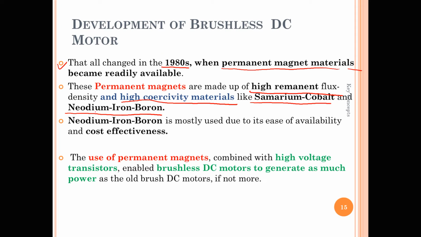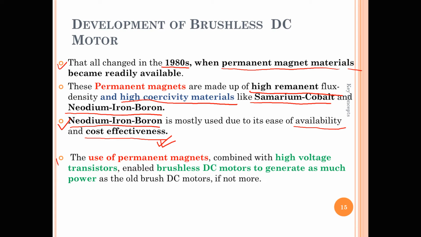Mostly the neodymium iron boron, also called rare earth magnets, is cost effective, with a lower price compared to other materials, and the availability of these materials is also good, so we can use them in various applications.